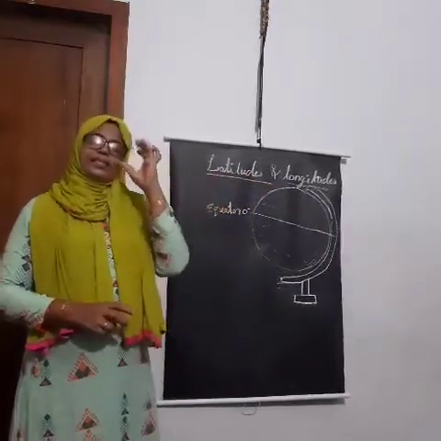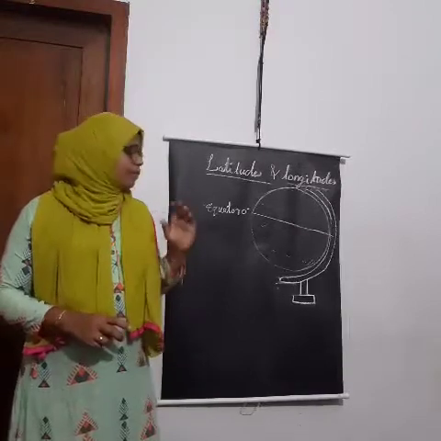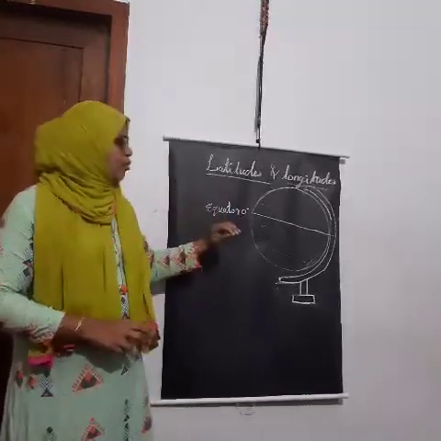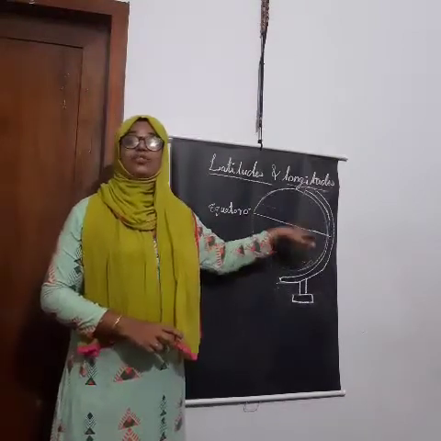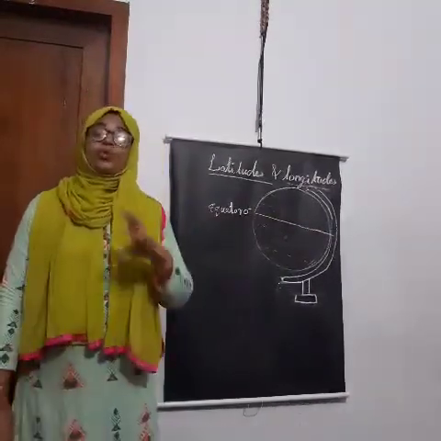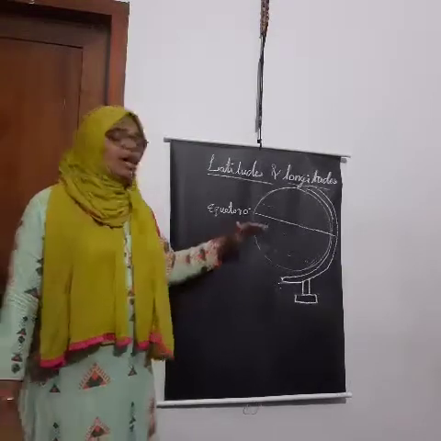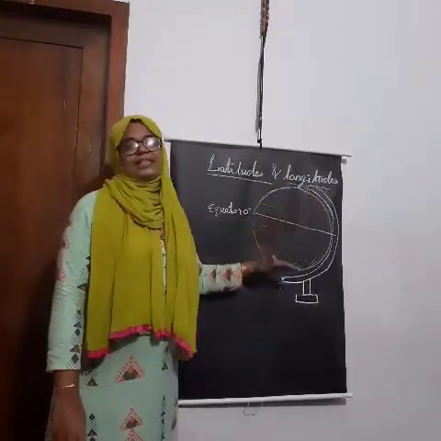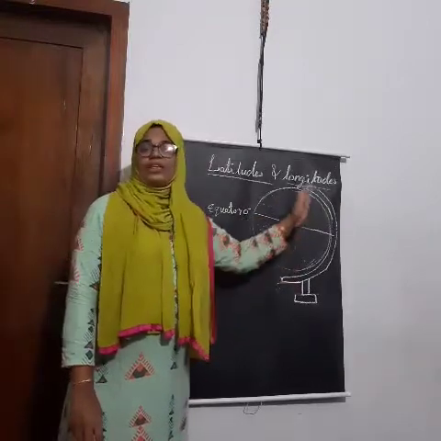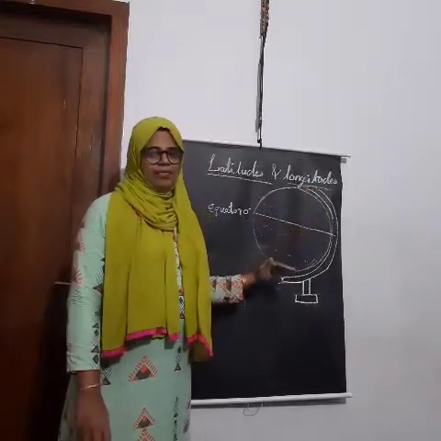And there is another type of lines also. But before going to that area, you must know that this central latitude can divide the total earth into two hemispheres, two halves. That is northern half and southern half.